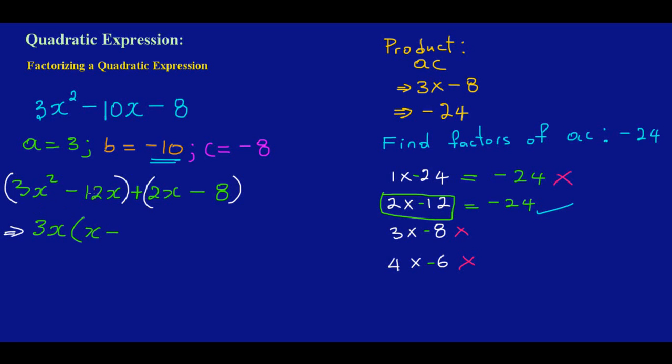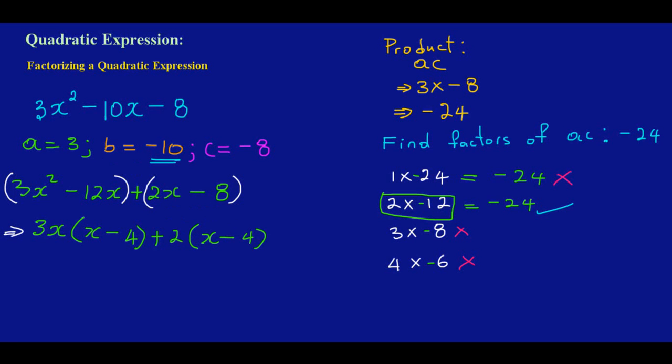Minus, a negative into a positive gives a negative, 3 into 12 goes 4 times, and x cancels x. Now I have a positive sign, so I'm bringing it down, and what is common to 2x and negative 8? A 2 is common. 2 into 2x, 2 cancels 2, leaving x, and 2 into negative 8 goes minus 4 times.